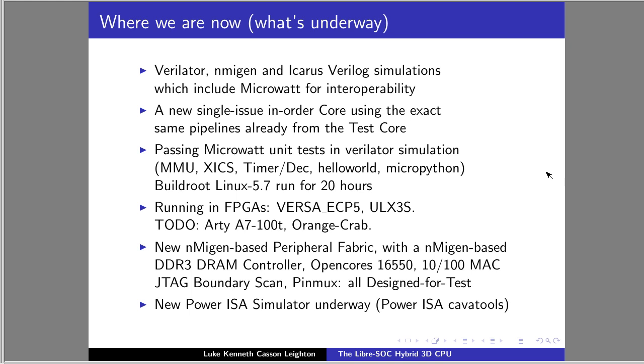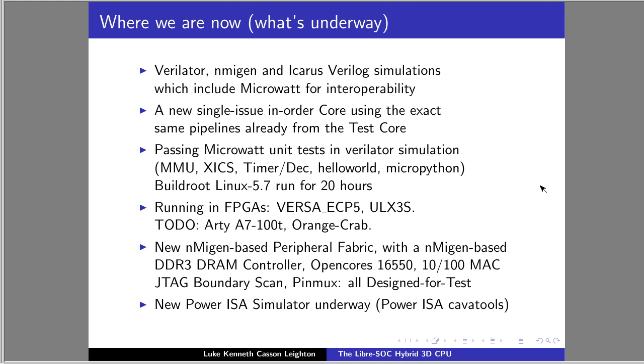So when I got that running, I modified the microwatt unit test to be able to add in an external core, and also modified the Verilator simulation so that it could load memory from an external file.